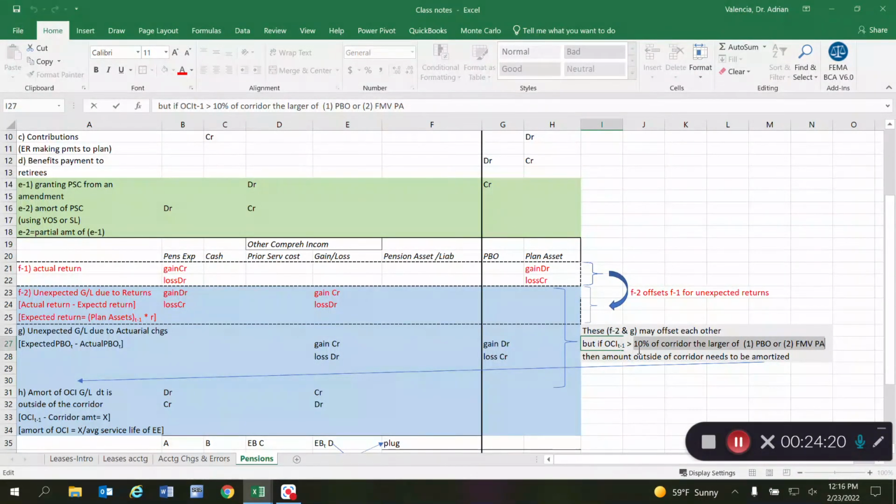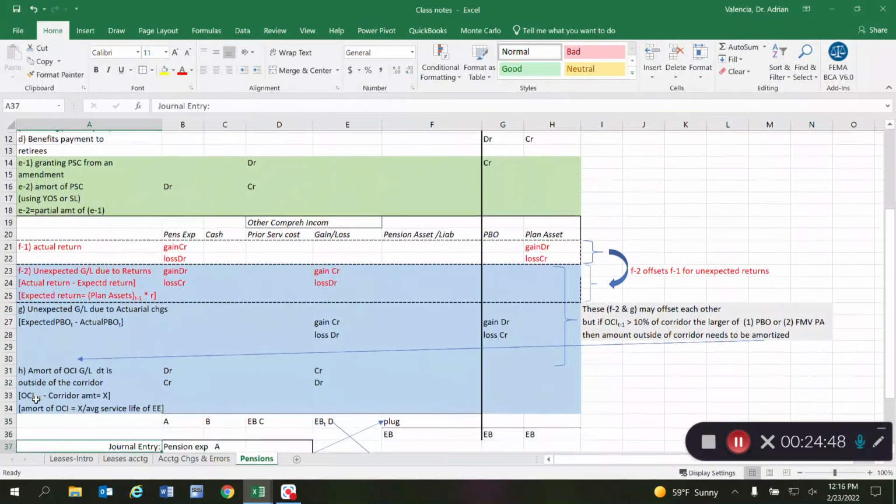That means OCI is too large, because OCI at $100 is larger than 90. So the amount I need to start amortizing is not the whole $100, but just the difference, the $10 outside of that acceptable amount. That acceptable amount is the corridor. Think of it as a hallway. Anything outside of that hallway is the amount you need to amortize.